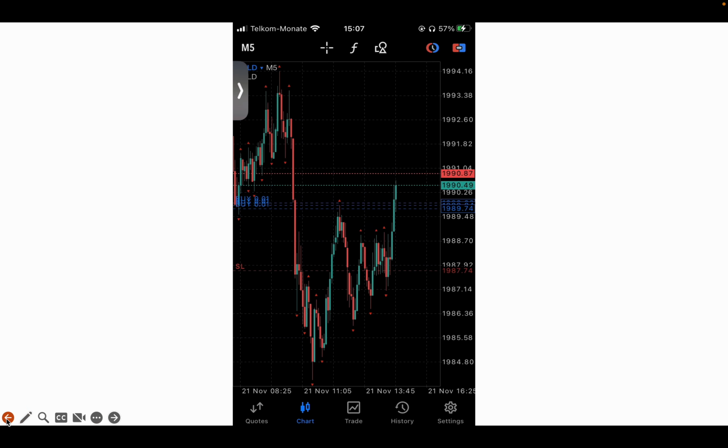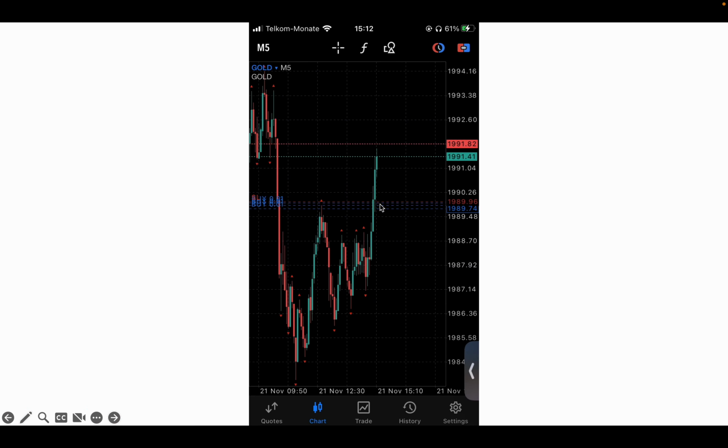From this photo, I moved my stop loss to break even. So what happens now is that if the live market price had to come back to this 1989 area, it would take me out.